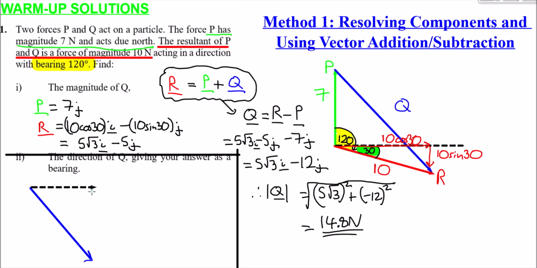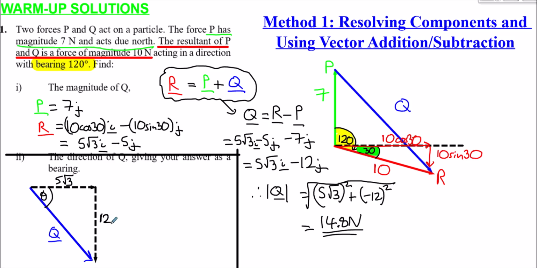So we worked out the i component and the j component. So if this is q going down, I can make up this angle here, let's call it theta. So going along in the i direction, we had 5 root 3 i, and then going downwards, we had 12.